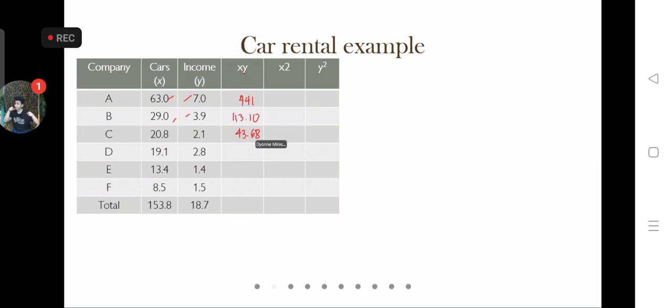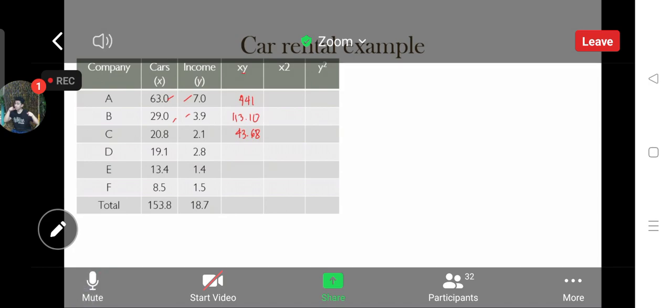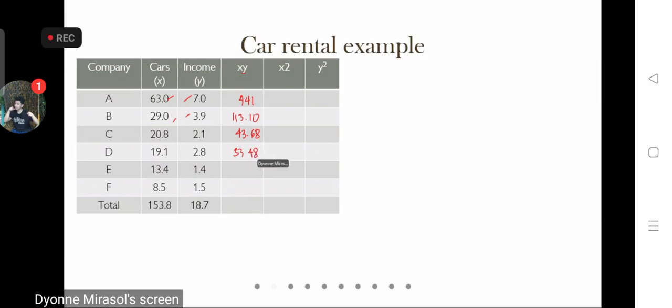Next, 19.1 times 2.8 is 53.48. Then 13.4 times 1.4 is 18.76. And the last, 8.5 times 1.5 is 12.75. Okay, what is the total of our XY?